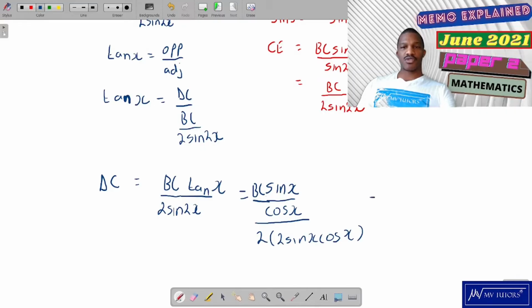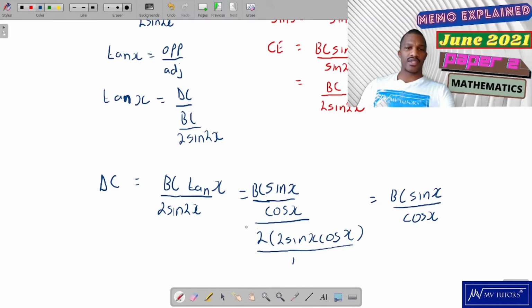Let's do some more gymnastics. BC sine x divided by cos x. Now whenever I have fractions, I like to have a 1 under them, so this is like it's divided by 1. What this helps me to do is that now I can isolate that one term, and that term is the one I'm going to multiply.